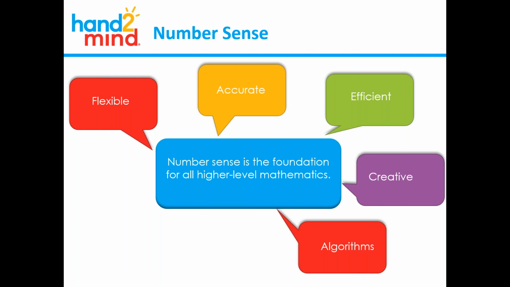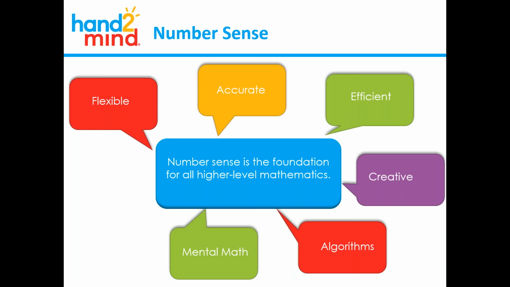Number sense has something to do with algorithms. And what I mean by that is not that they only use the algorithm, but kids know when to use the algorithm and when not to use the algorithm. So when numbers are ugly and you don't see any relationships, then that's when you might use an algorithm.